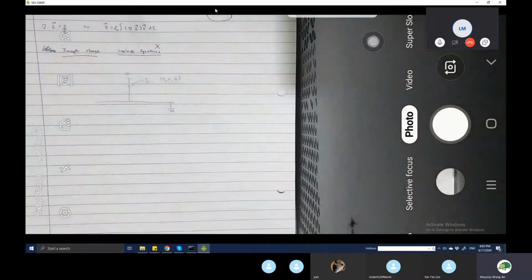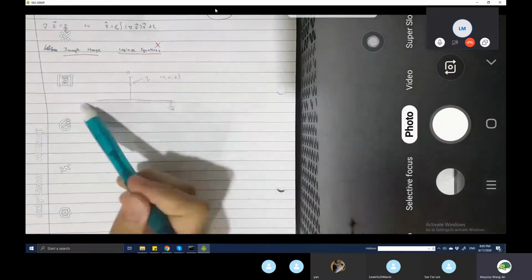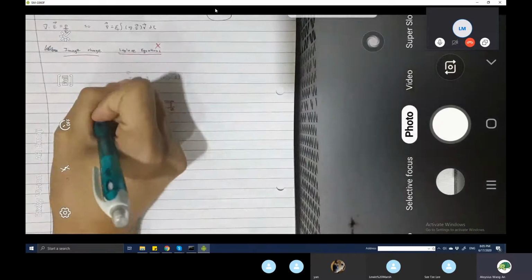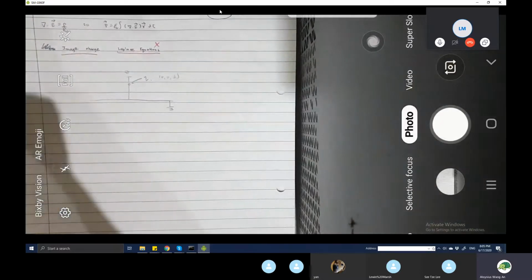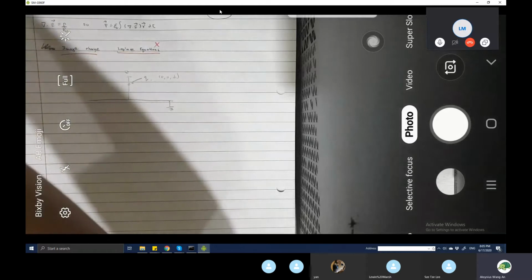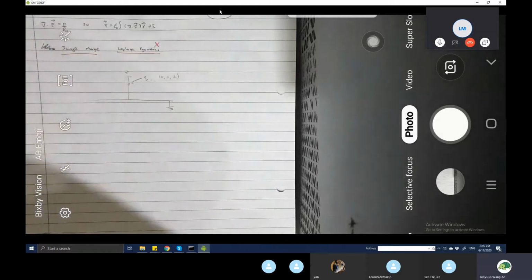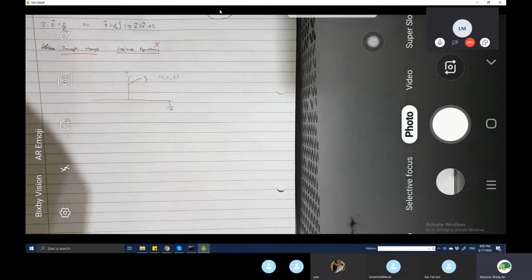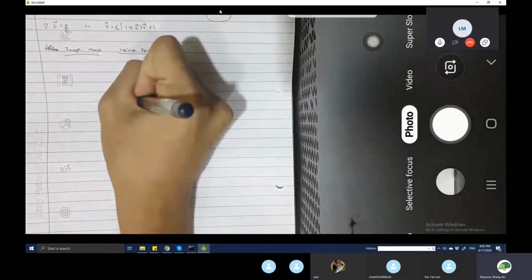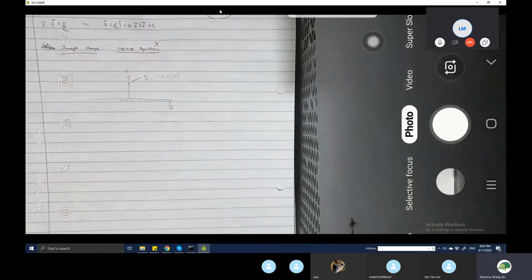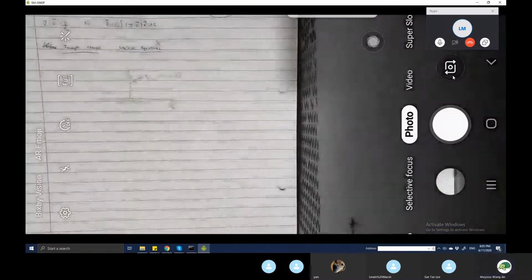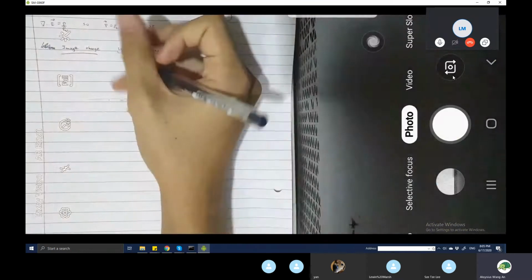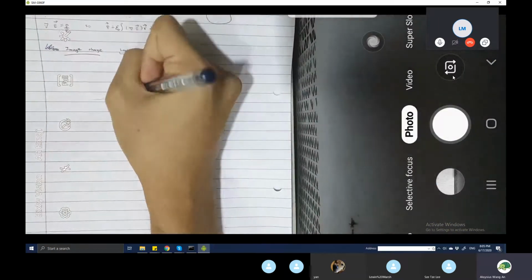What is this charge going to do to the grounded plate? It is going to induce some surface charge over here, and because of this surface charge, we expect some sort of attraction between q and the plate.